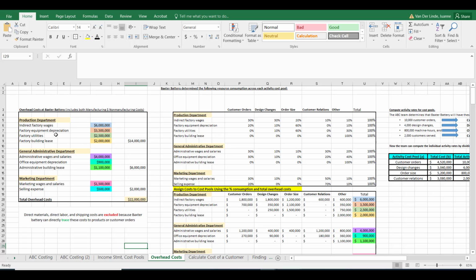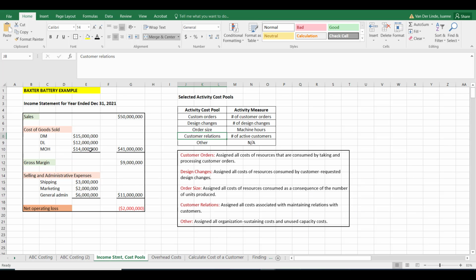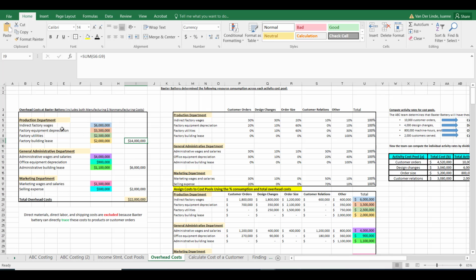So the first one is just your manufacturing overhead. So this $14 million that we see here under the production department being broken down between indirect factory wages, factory equipment depreciation, factory utilities, and the factory building lease, that $14 million is the same $14 million we see here listed as manufacturing overhead that they've now just split into the different sources, what that $14 million is made up of.